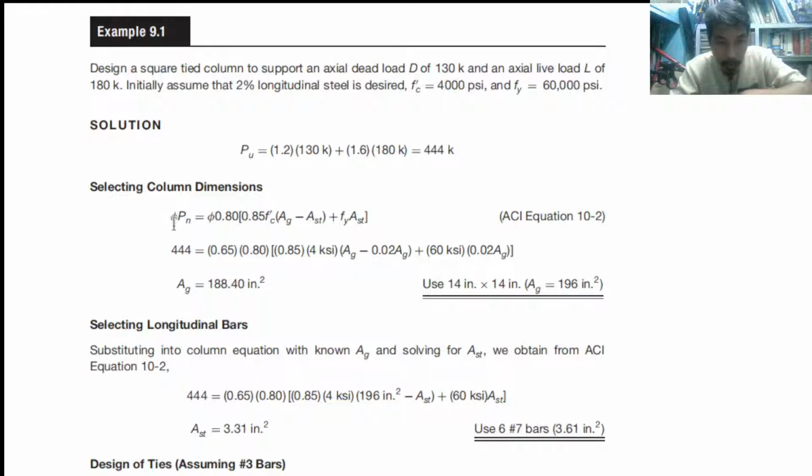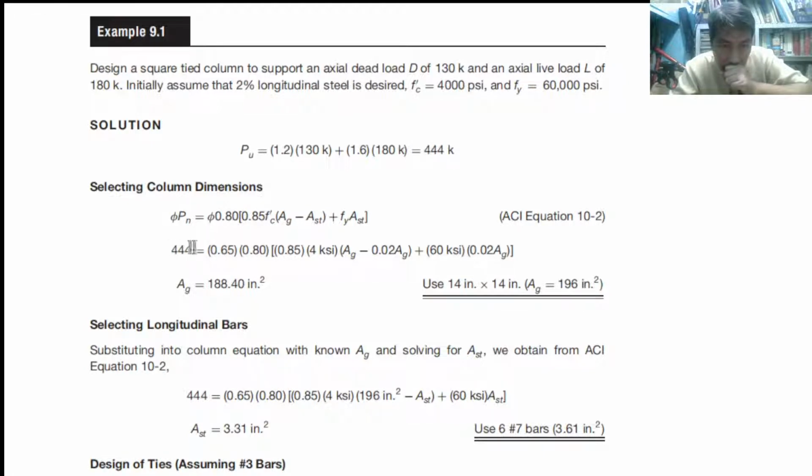So we have phi PN, this is the design strength, equal to phi times 0.8. So what is this? Tied column. So for tied column, you use 0.8, times the quantity 0.85 FC prime times A minus AST, plus FY AST. Okay? So therefore, put it there.